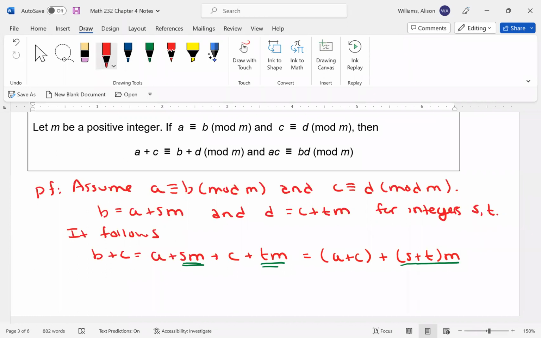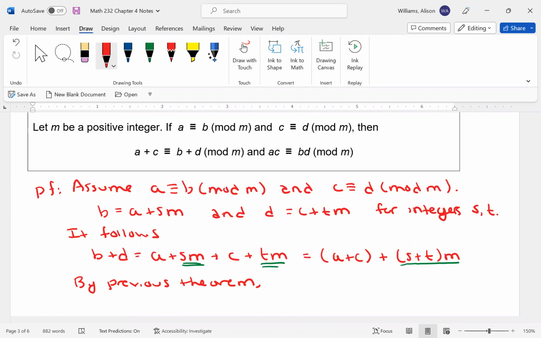By previous theorem, we can then say that, oh, I just realized that should say b plus d, not c. I'm so sorry. I used c twice. My apologies, that should be b plus d.